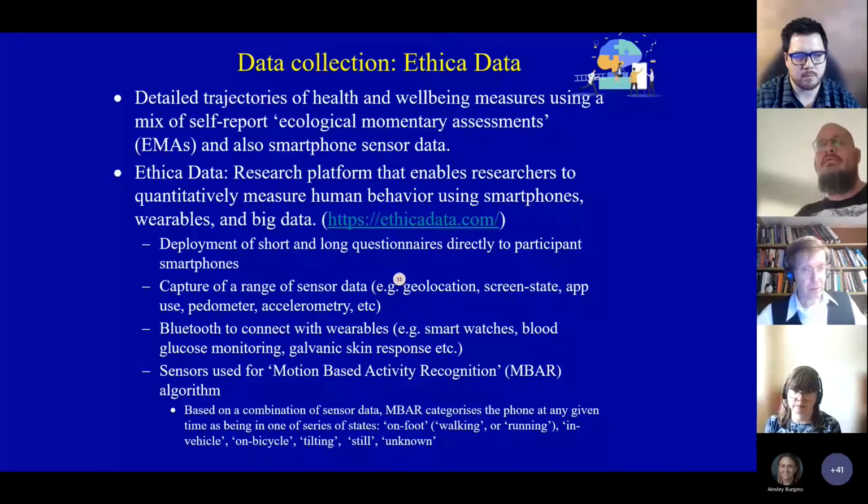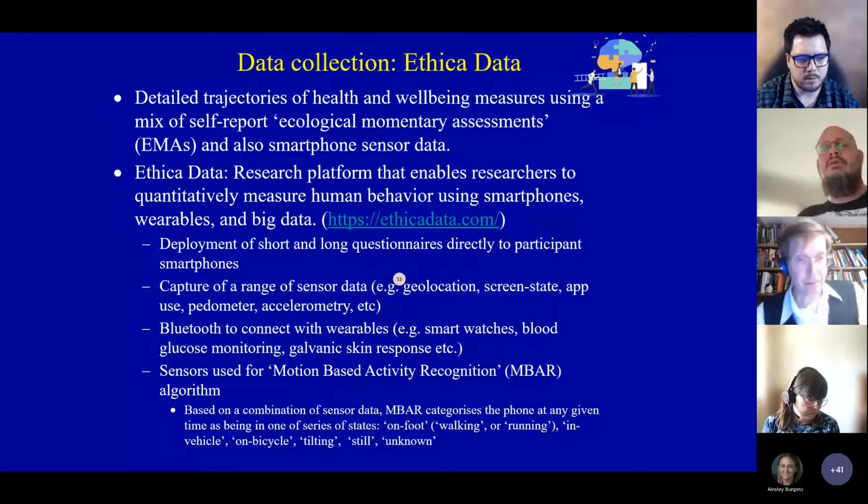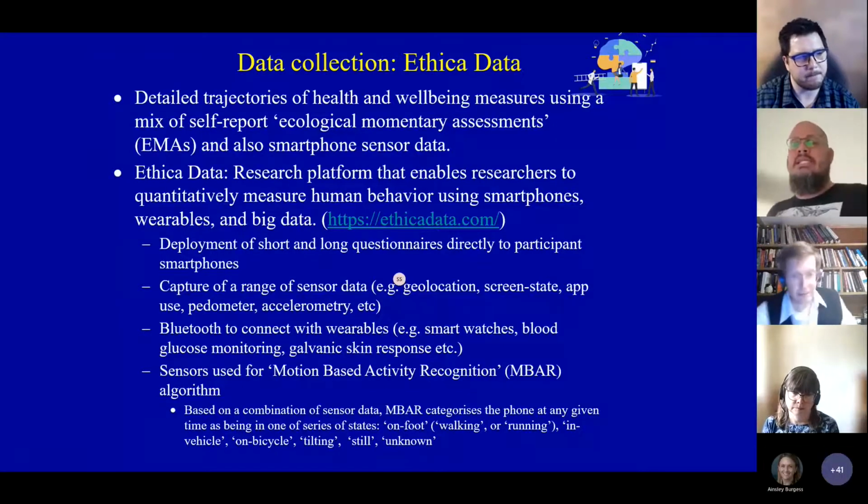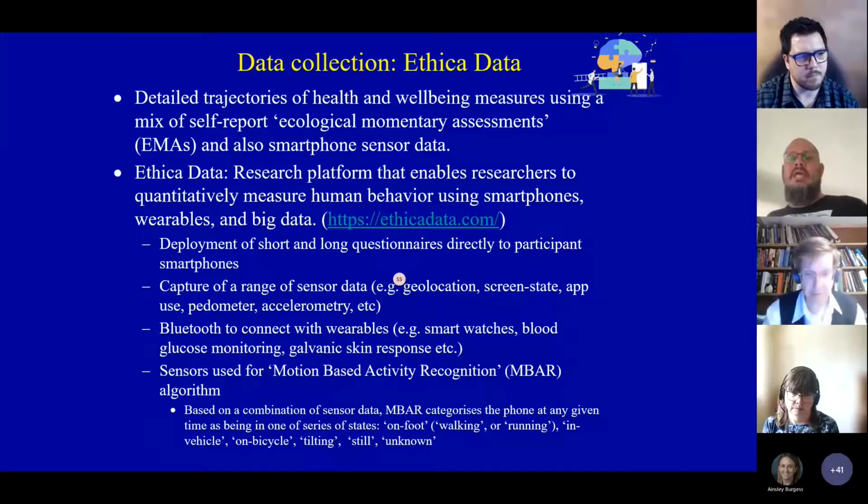We were using for this study, and this is the most interesting part, this Etika platform. This platform allows us to follow the participants with weekly or monthly ecological momentary assessments, so the EMAs.